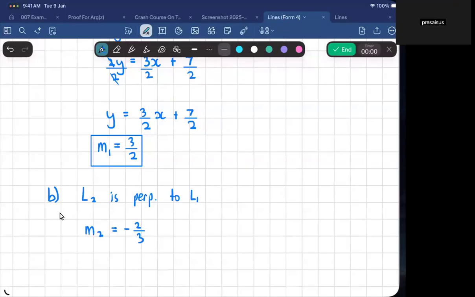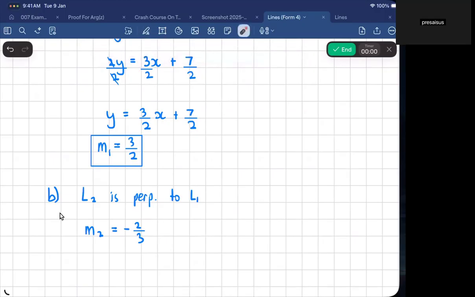Ah, okay, so when you're flipping it, I thought you had to change the sign to positive also. Wait, what sign? The negative sign. When I was working below, I wondered if it's negative 3/2.